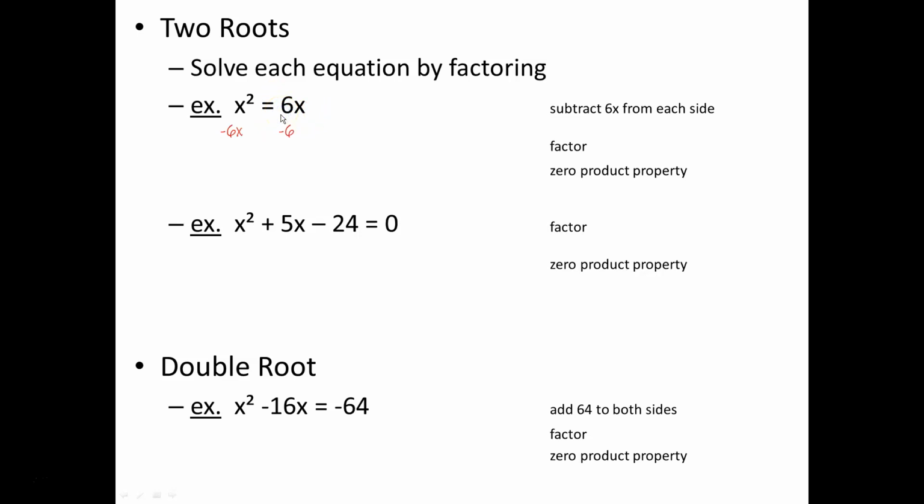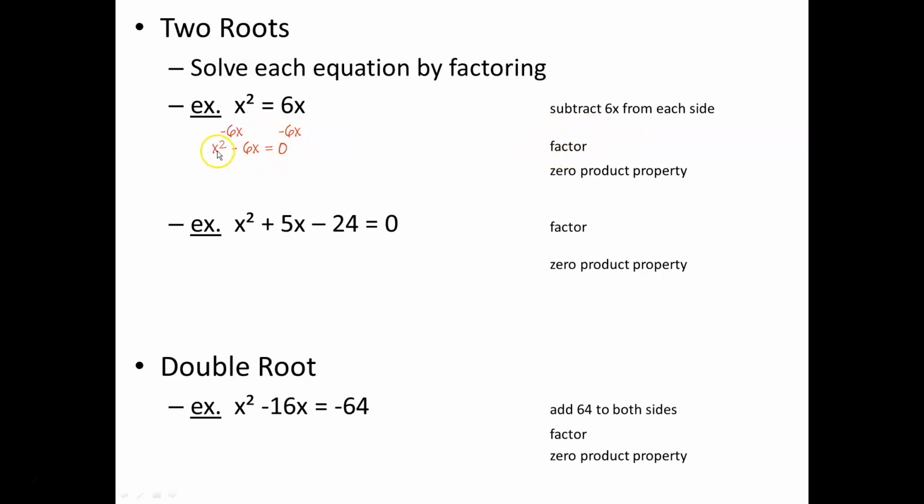So we're going to subtract 6x from both sides. That gives us x squared minus 6x equals 0.